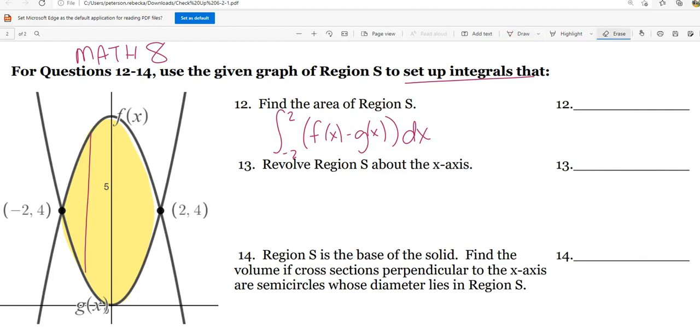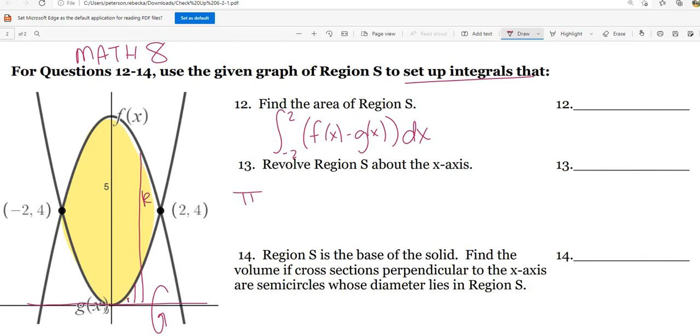Now, let's see if I can erase just this line. Yep. All right. Now I want to revolve region S about the x-axis. So here's my axis of revolution. Yes, my region touches the axis, but there is empty space, okay? So I need washer method. So start at your axis of revolution, go perpendicular to your farther function, that's capital R. Come back to your axis of revolution, go to your closer function, that's little r, okay?